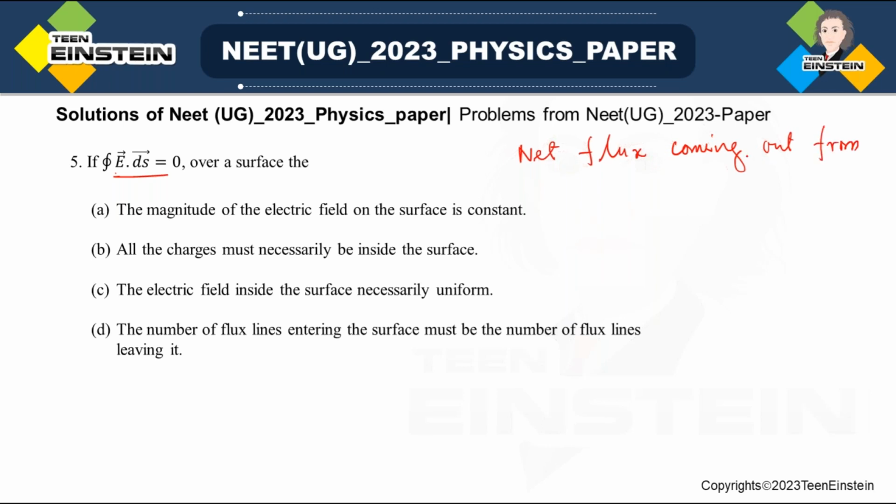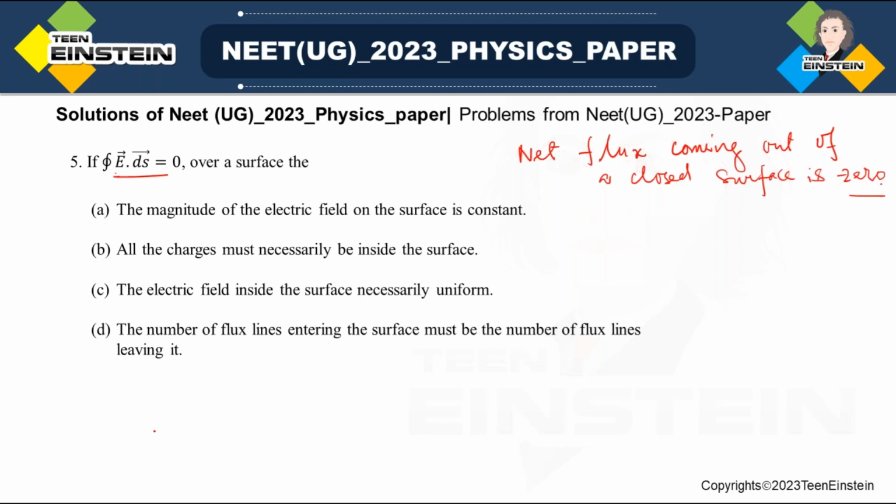So total flux coming out, or net flux coming out of a closed surface, is 0.